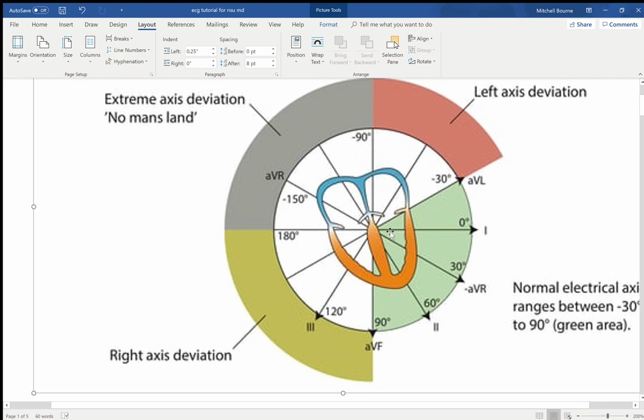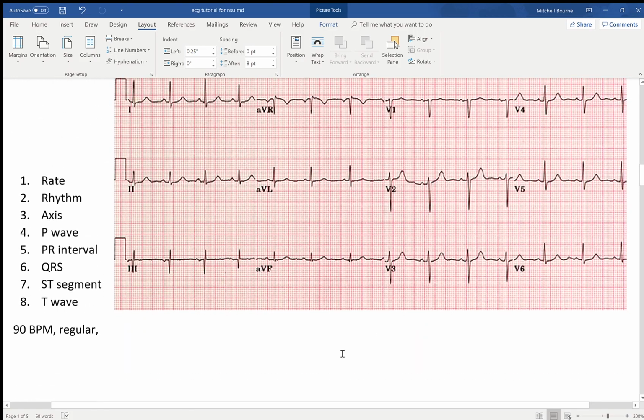So the positive wave in 1 shows us that it's on this half of the circle. The positive wave in AVF shows that's on this half of the circle, but it has to be in both halves. So we know it's somewhere in here. So the axis is going to be normal. And you can do other things to calculate the exact axis if you want, but it's unnecessary for what we're doing now. So they have a normal axis.